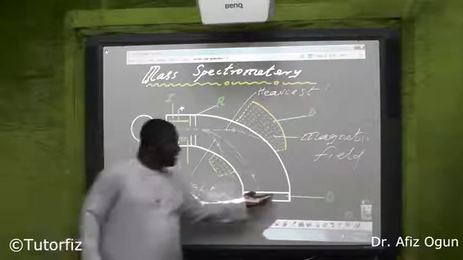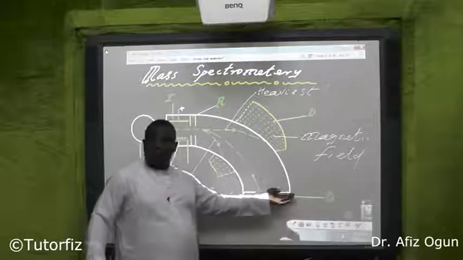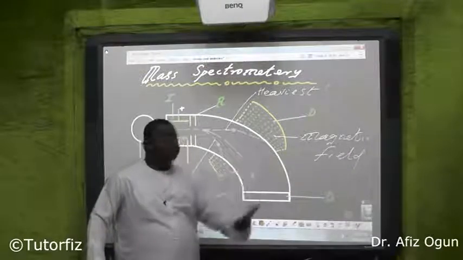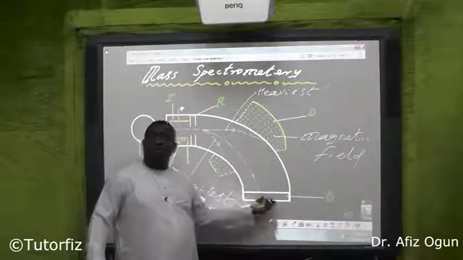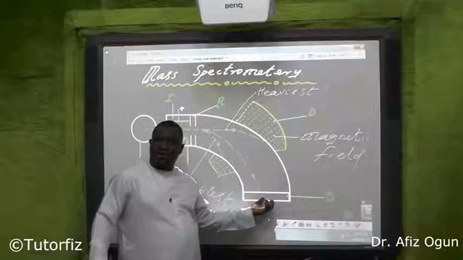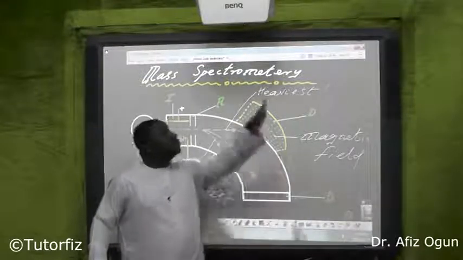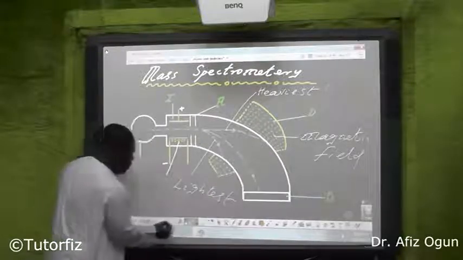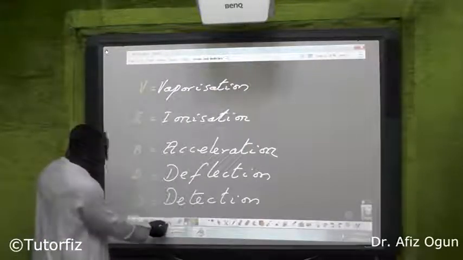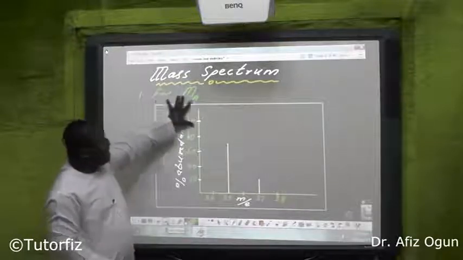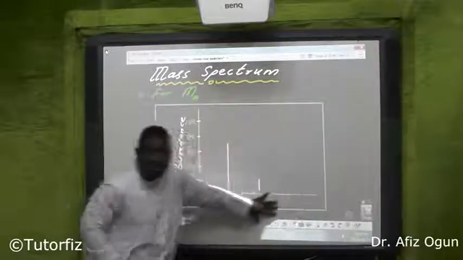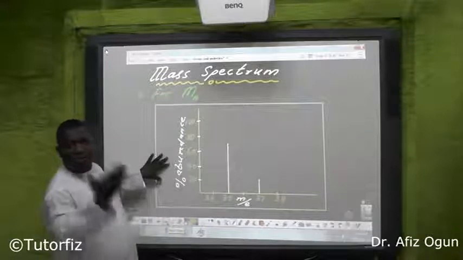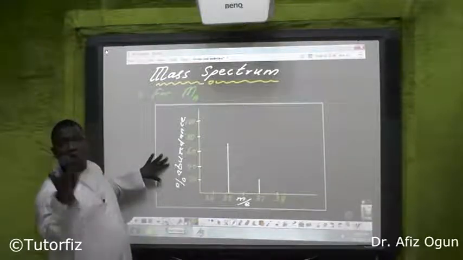Then, this can be a photographic plate which you will develop to see this result, or you can connect it to a computer. The computer will process it and show you on the screen. This is called the mass spectrum, the result on the film, on the photographic plate, or on your computer.